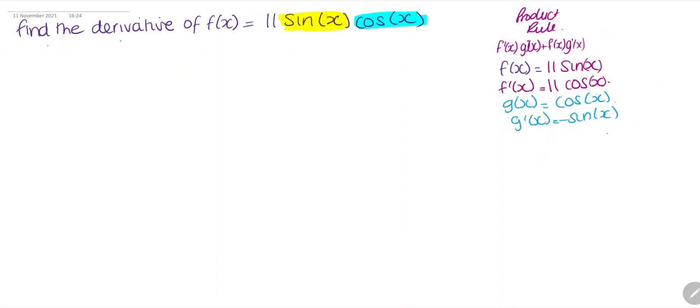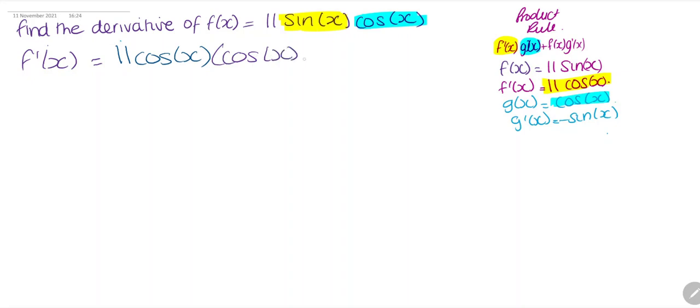So here we go. So f prime of x. So first term we want is f prime. So 11 cosine of x multiplied by, and we have g of x, which is cosine of x. Then we need to add, so we're looking now for f of x.